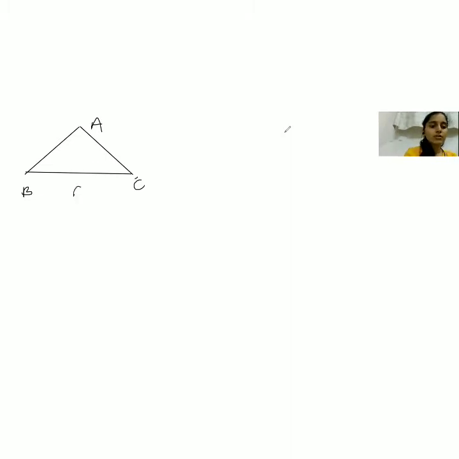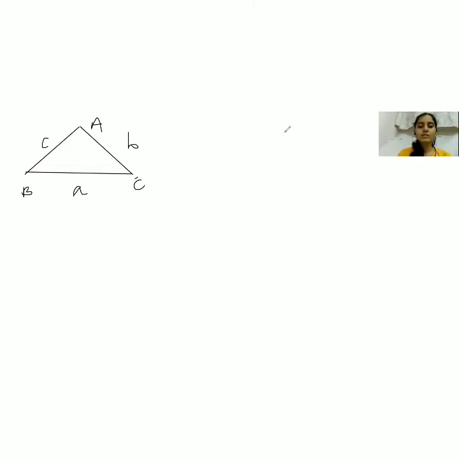We call the opposite sides with small letters. The side opposite to angle A is small a, the side opposite to angle B is small b, and the side opposite to angle C is small c. So these are the sides of the triangle, and capital ABC are the angles.